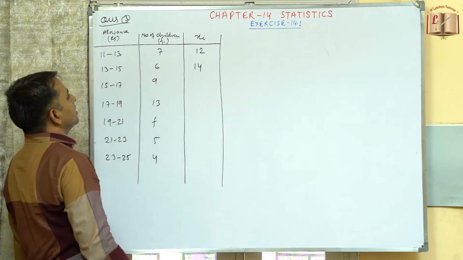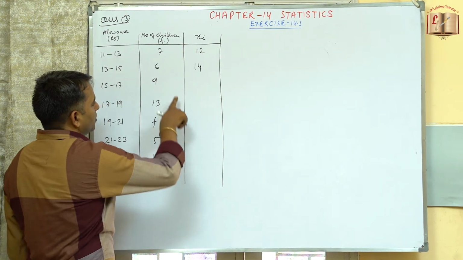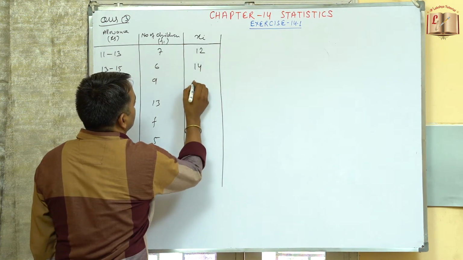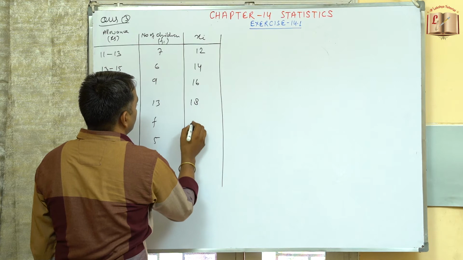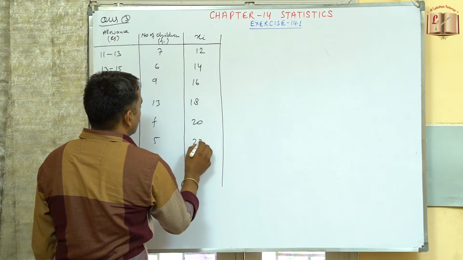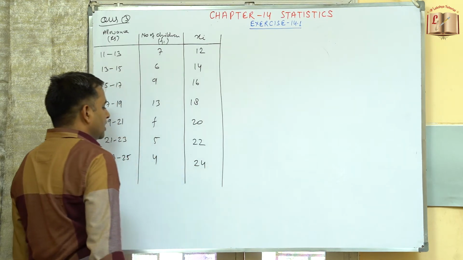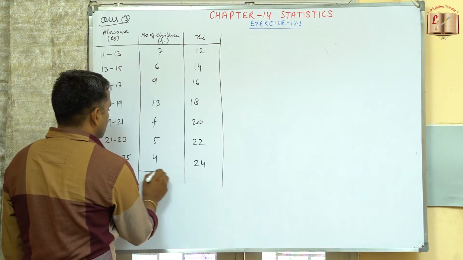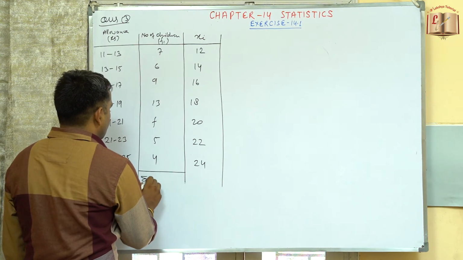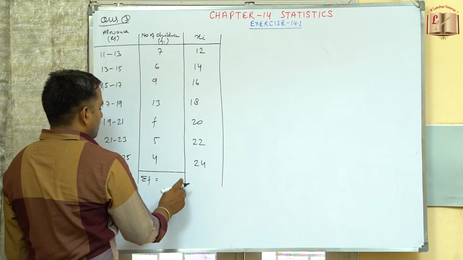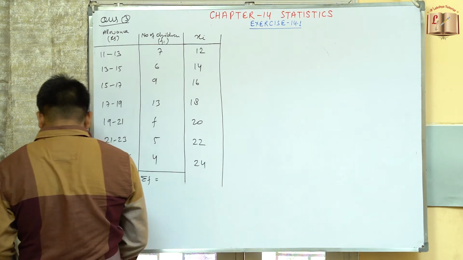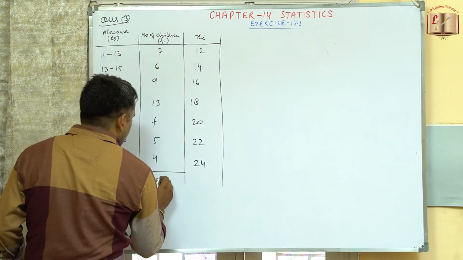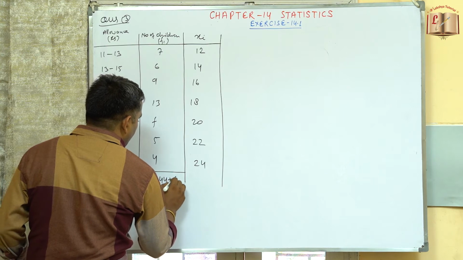Now this is at the interval of 2, so we will calculate 12, 14, 16, 18, 20, 22, and last one would be 24. So we can find here sigma f. So sigma f will be equal to total 44 plus f.